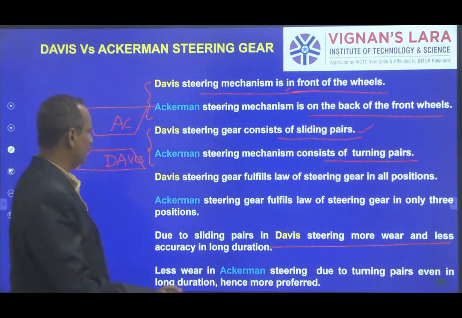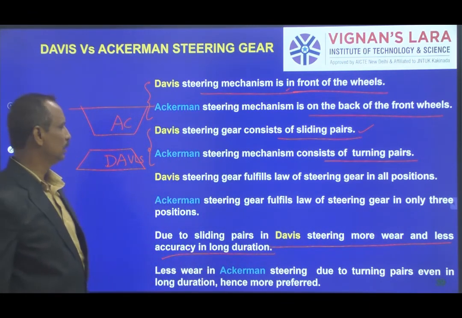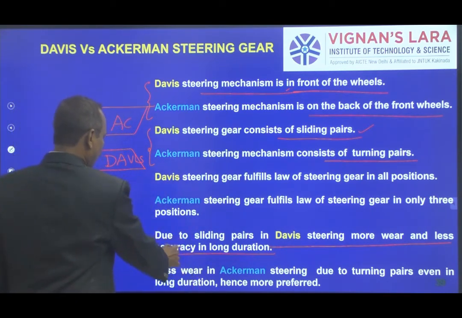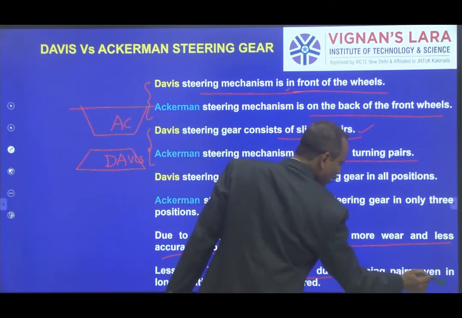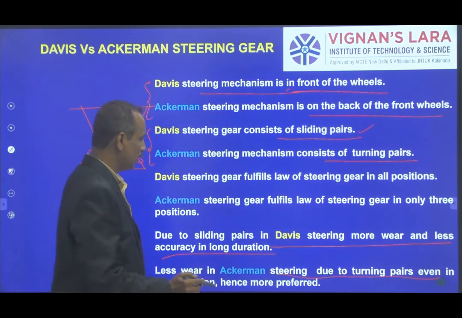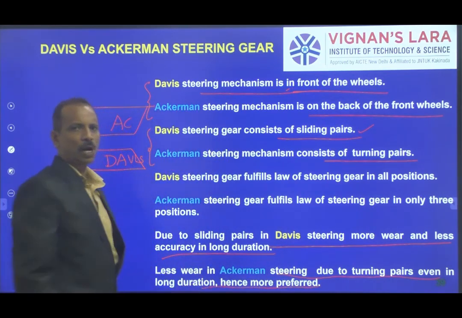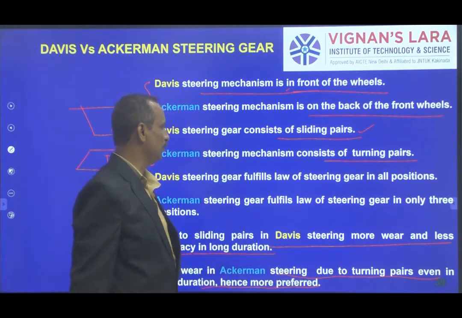If there is more wear and tear, in the long run the accuracy will be lost. And what about the other mechanism, Ackerman? Less wear because of the turning pairs, and it maintains its steering for a longer period without losing its accuracy.